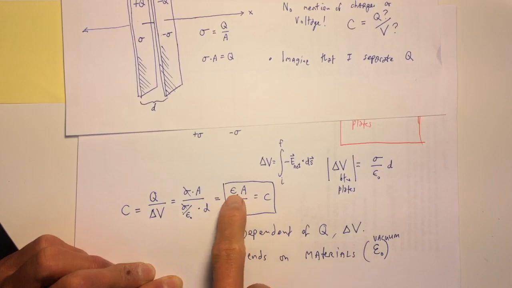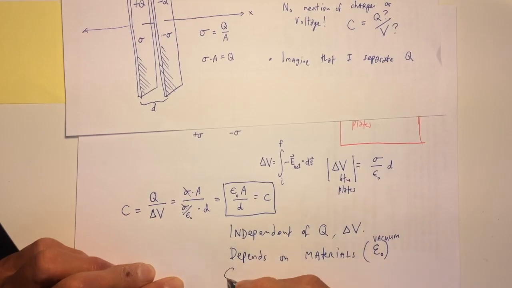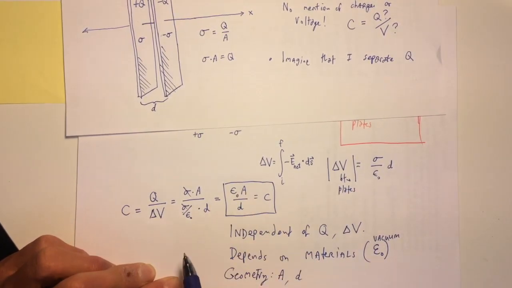This is the signal that we're talking about vacuum. We're talking about the vacuum value of what's called the permittivity of free space, and geometry. The geometry of the plates is that they have area A and are separated by distance d. And that's the only dependence I see in the capacitance.